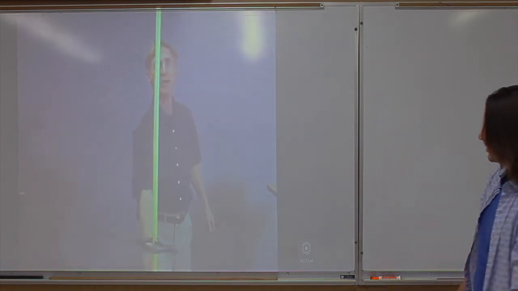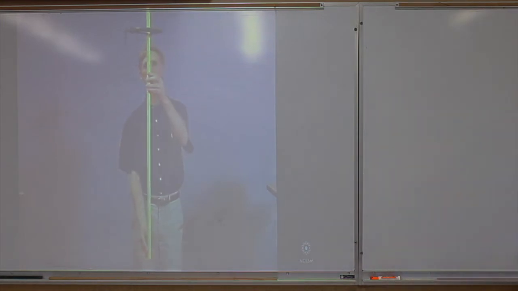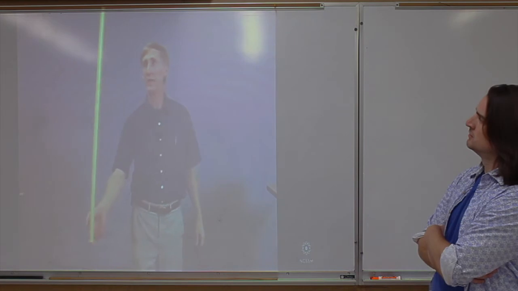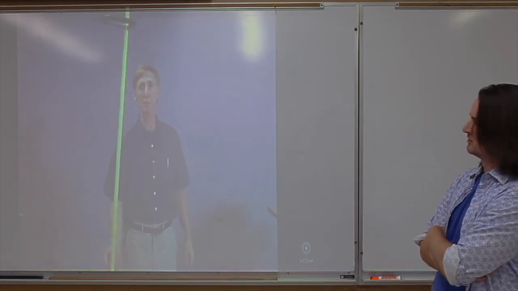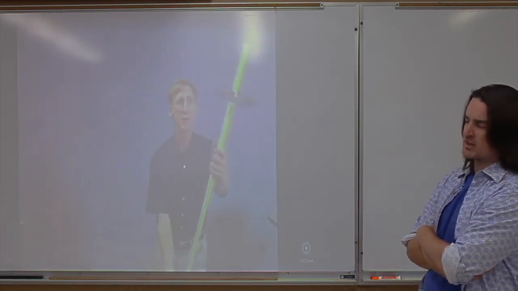Yeah, and it's not easy to get it across on film, but you might be able to tell he's having a difficult time. However, when he flips it over, it's significantly easier to balance this way. Which may seem rather counterintuitive.